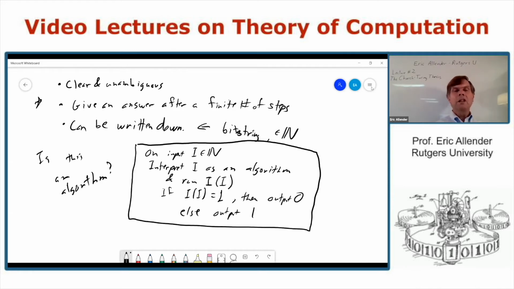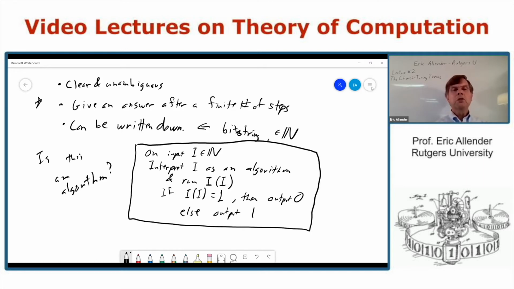It can't be in your class of algorithms if you define something formally, because of this contradictory behavior. So that seems to indicate that you can never really have a very satisfactory notion of a class of algorithms.